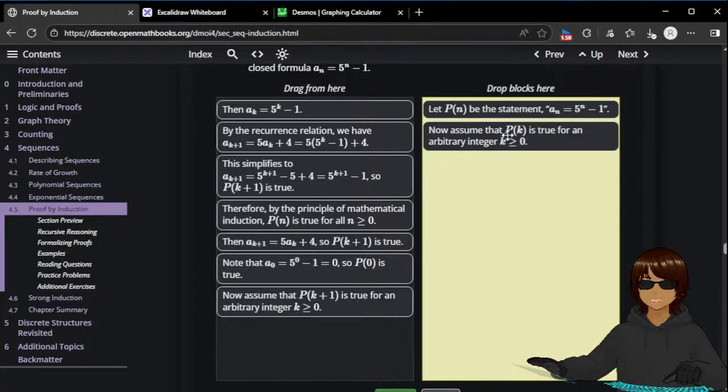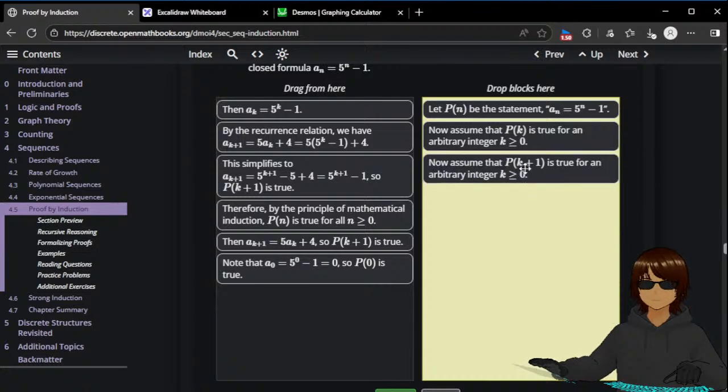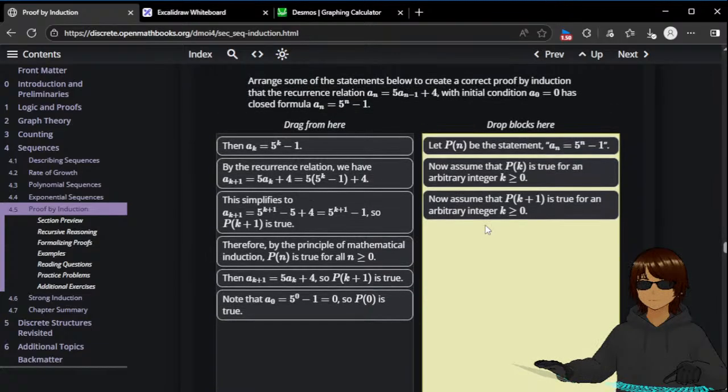Assume that Pk is true. Then we assume this. Assume Pk: ak is 5 to the power of k minus 1.